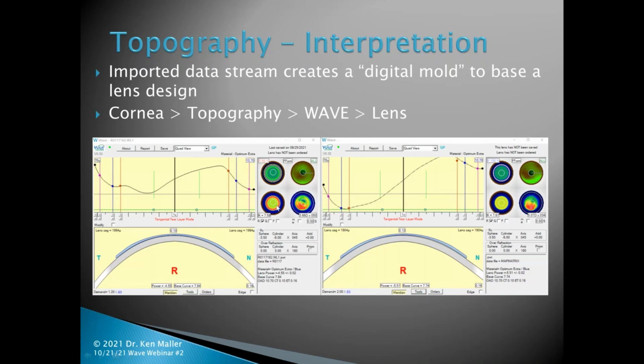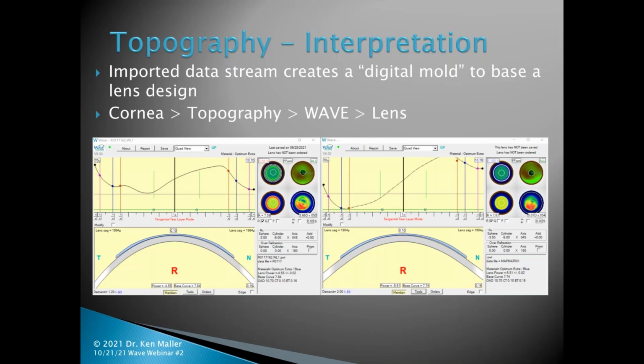On the Scout, we've ended up with a much steeper, actually a steep reverse curve looking area on this default lens on the left, whereas the Pentacam thinks that the cornea was a little flatter, and as a result, it's come up with a slightly flatter design on its default lens. So bear in mind, these two corneas were the same exact cornea measured by two different devices, and we've ended up with two very different models within Wave.